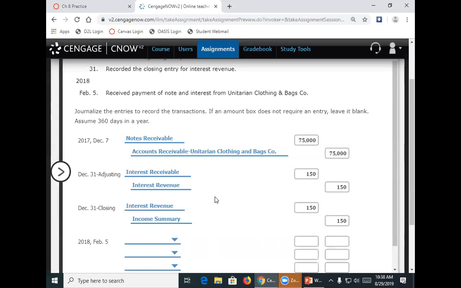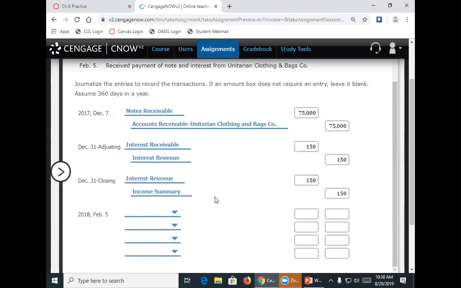So we took 75,000 times 3% times 24 over 360. And again, you really don't have to know the closing entry. I think you may have it on your homework too, but it won't be on the test. It's always good to hear, right?